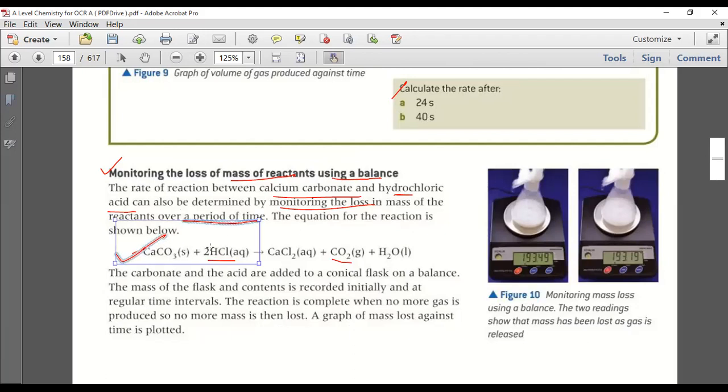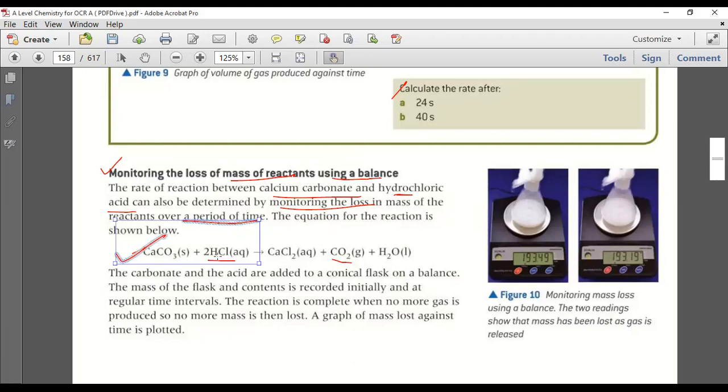So there is a loss in the reactants, which means for the volume of gas there is an increase. Yes, very good.